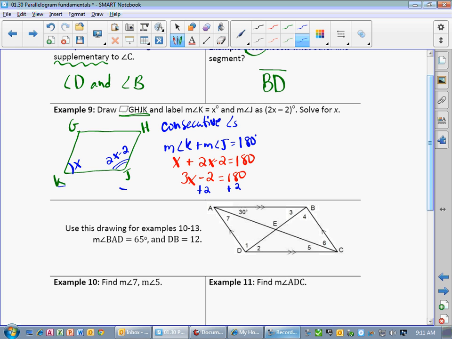And so we get, over here, 3x equals 182. And how do we solve for x? Okay. And so we get x equals 182 divided by 3. If we want an answer, we'd probably use a calculator, and we get 60.6666. 60 and 2/3.